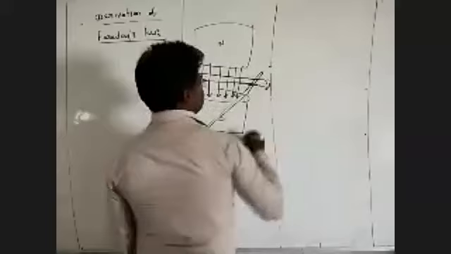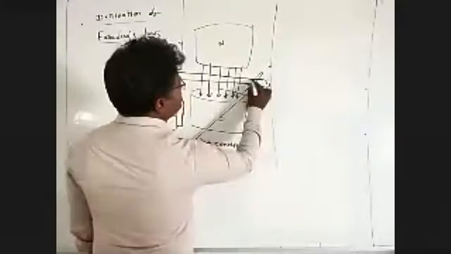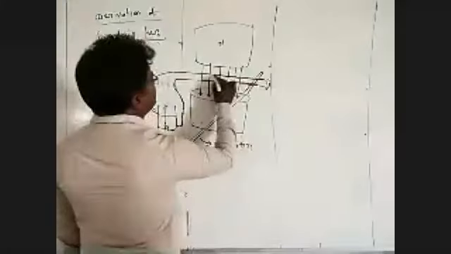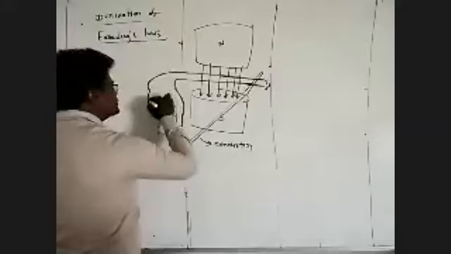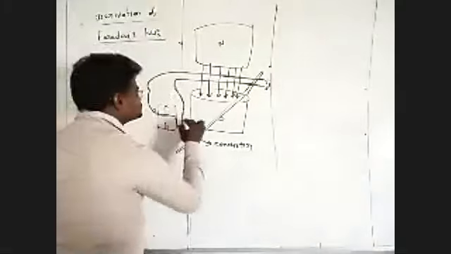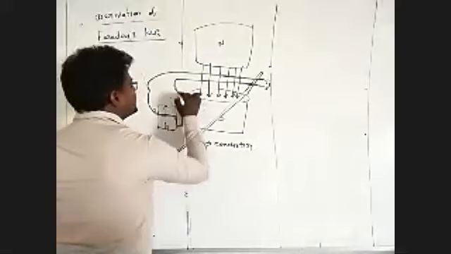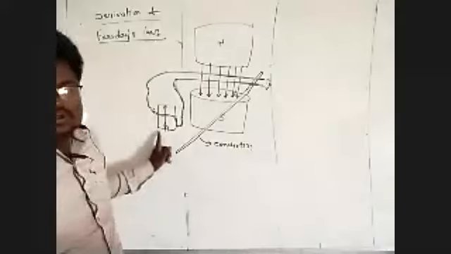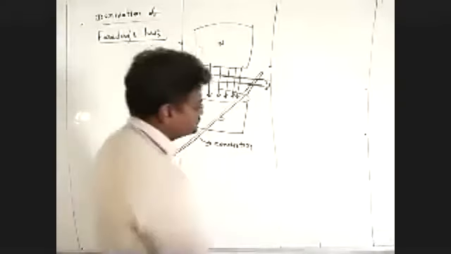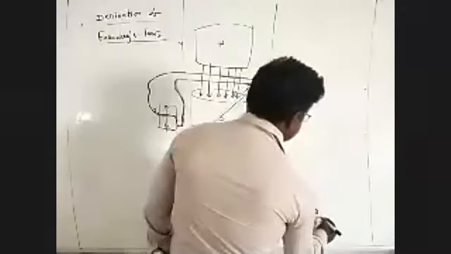Closed circuit means this conductor touches the parallel conductors here and is connected here. This is a closed circuit. Now you will see, we have to find E equal to BLV.